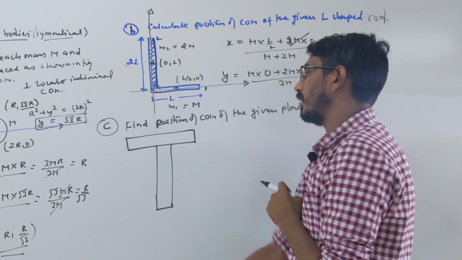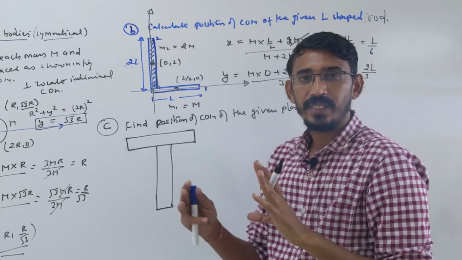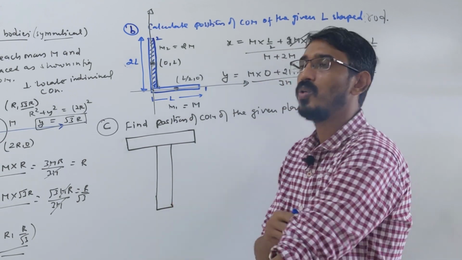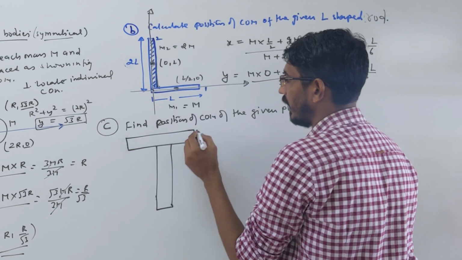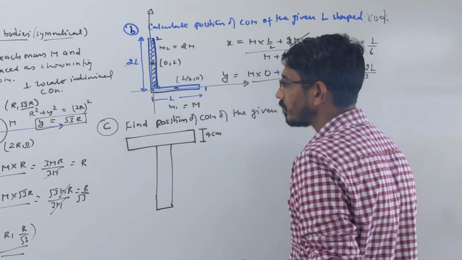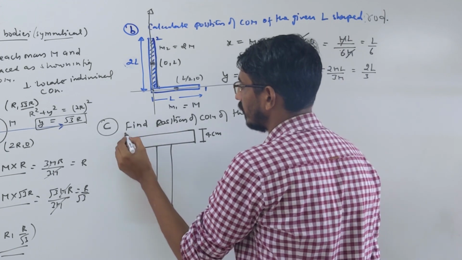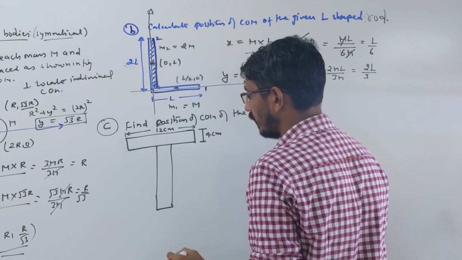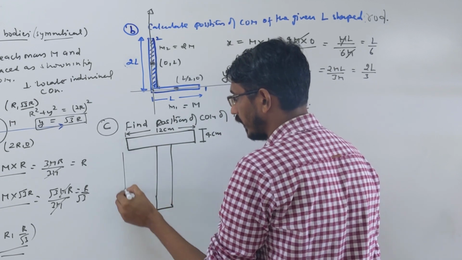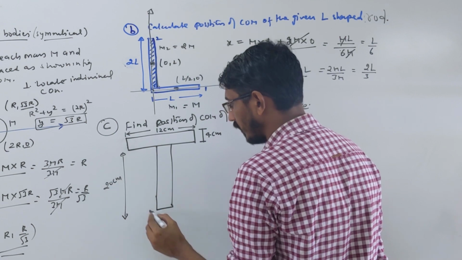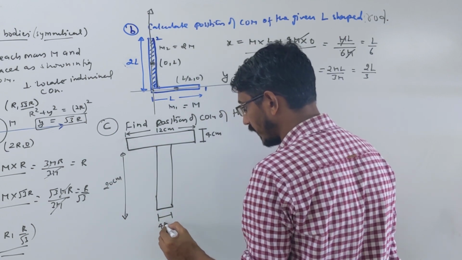The width and the height can be given either as a symbol like L, or numerically. Suppose I write this as 4 centimeter, this as 12 centimeter, that as 20 centimeter, and that as 4 centimeter.